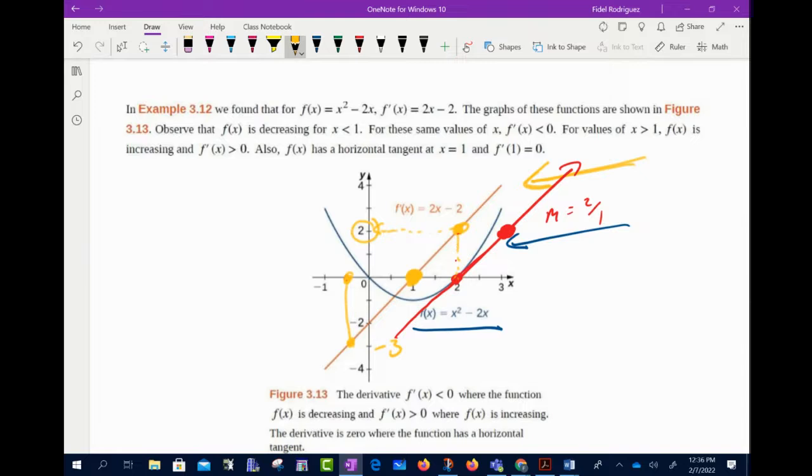So the orange line is my derivative, right? And remember what the orange line is telling me. The orange line is telling me all the slopes of all the tangent lines of this blue graph at any particular point. Right? So I'm looking for the slopes of the lines tangent to that curve, to that x squared minus 2x at any particular point.